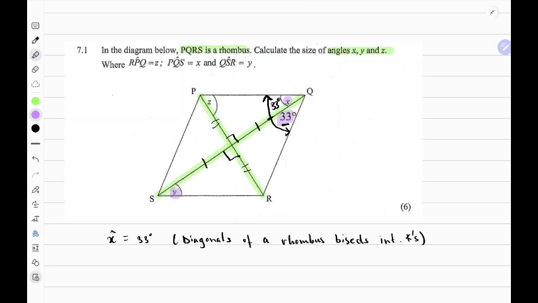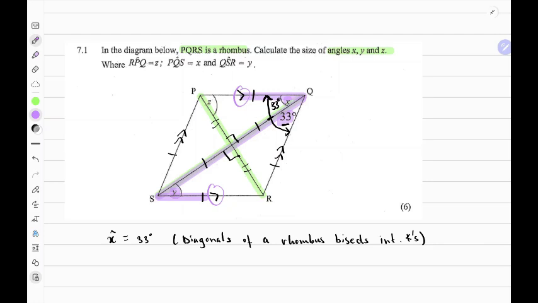To find the size of Y, you need to recall the properties of the sides of a rhombus. The opposite sides of a rhombus are parallel, and all four sides are equal in length. Because we have parallel sides, we can form a Z shape, and these parallel sides exist between parallel lines.